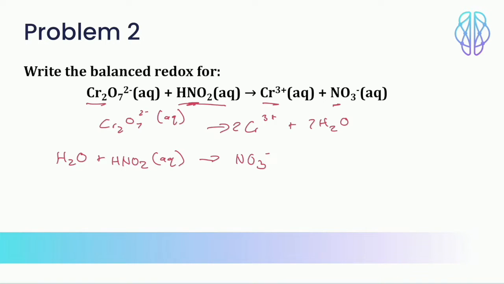Now it's time to balance our hydrogens by adding protons to, of course, the opposite side to balance it out. So let's have a look at our top here. We've got 14 hydrogens over here, 7 times 2, and we've got none on the other side. So we're going to have to add 14 hydrogens over here.